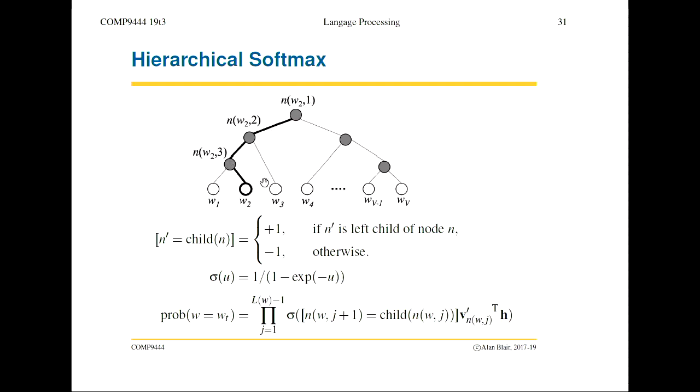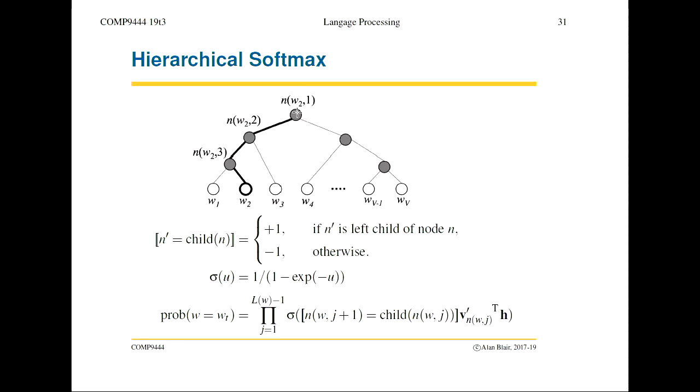So if this is the correct word, I don't need to calculate this node or this node because my path isn't going to go through there. I only need to calculate those nodes that I actually pass through. So I use this node.